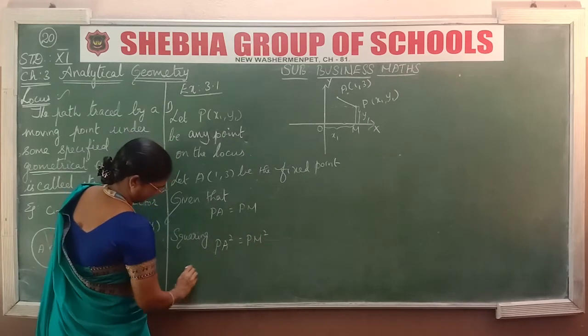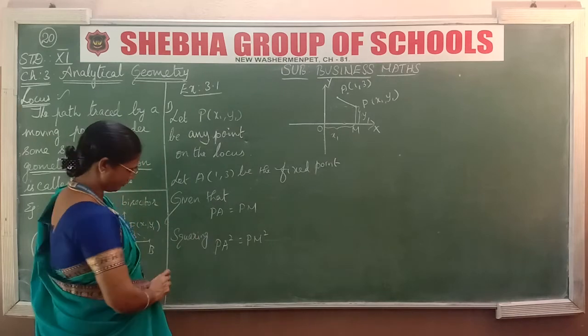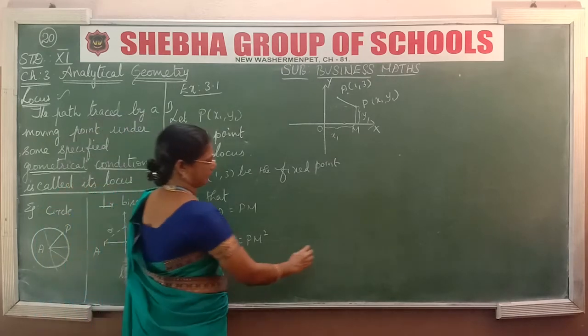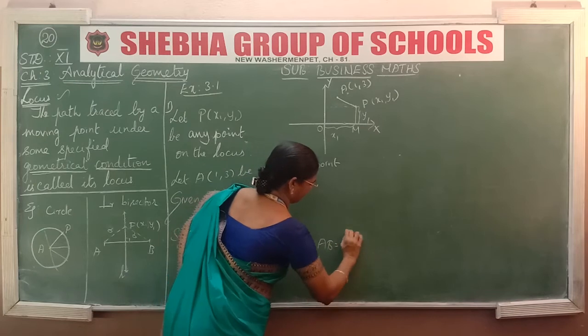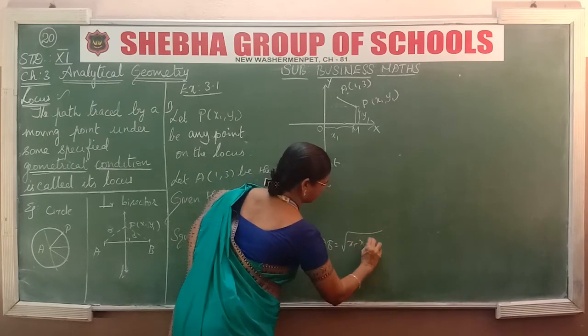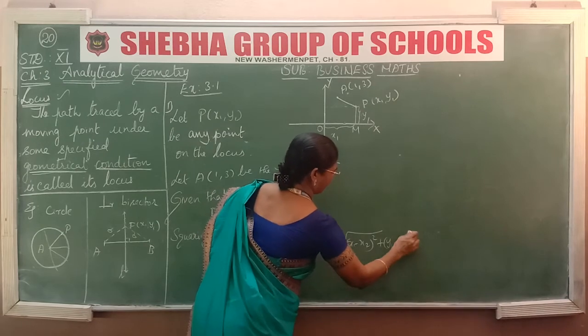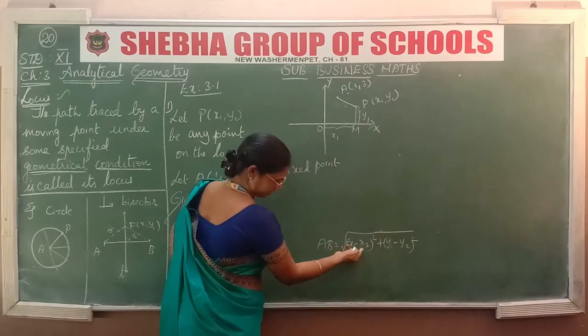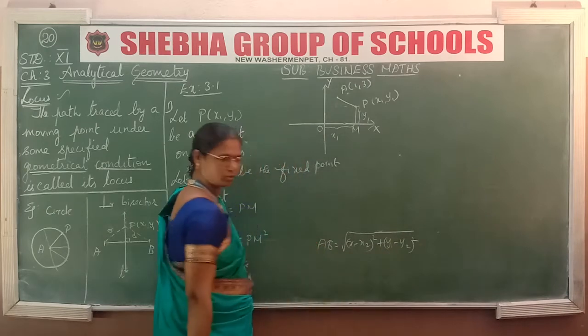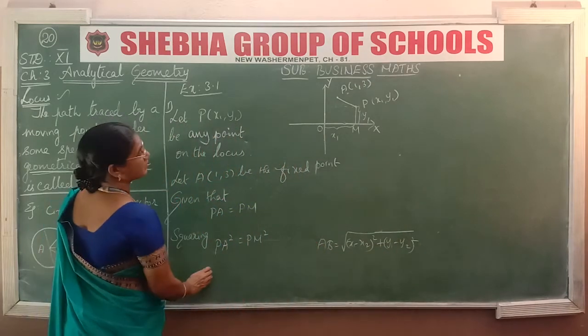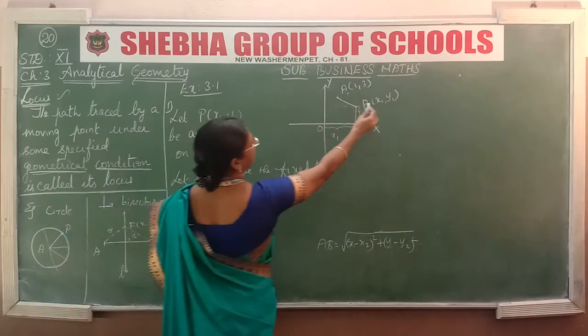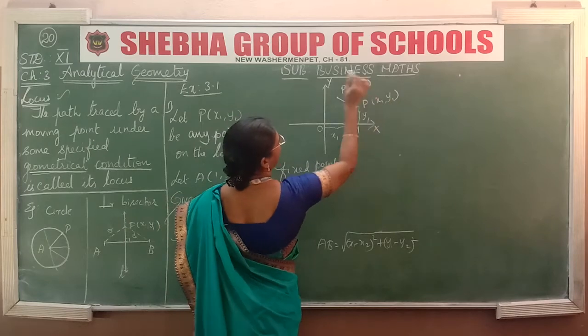Listen, the distance between 2 points formula is square root of x1 minus x2 whole square plus y1 minus y2 whole square, or x2 minus x1 whole square plus y2 minus y1 whole square. Now using the same formula here, this is x1 y1 and x2 y2.